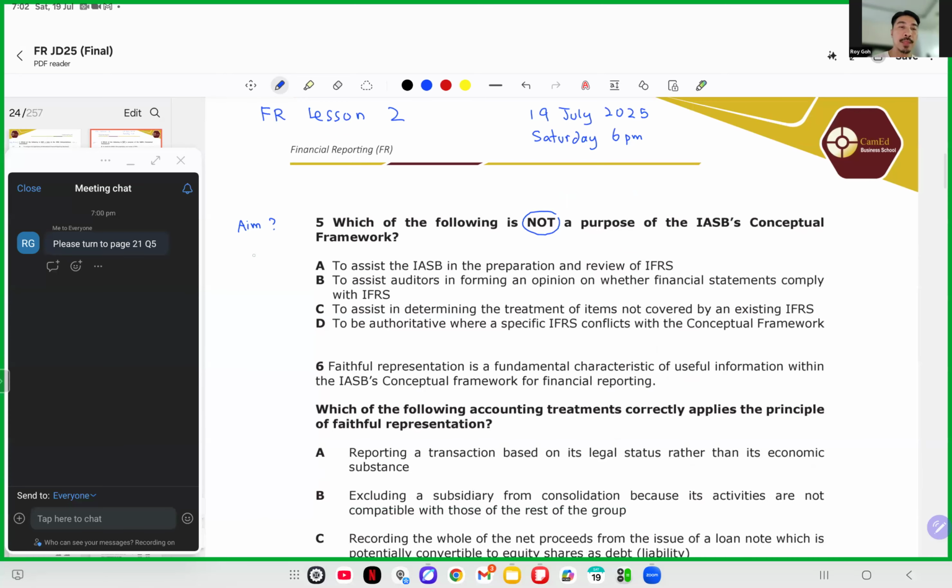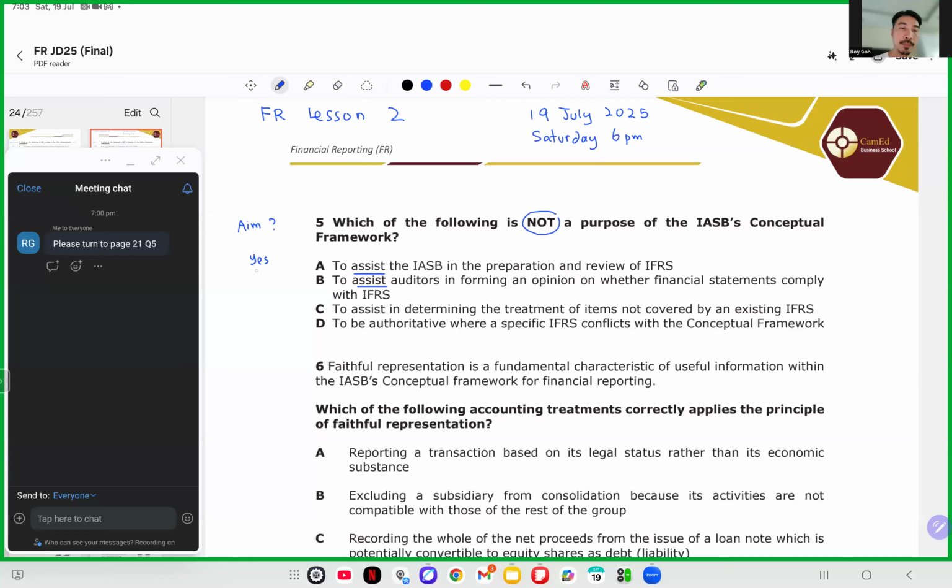To assist, definitely it is an aim. We saw this since lesson 1. So this is actually correct. And then B, to assist the auditors. Auditors are the preparers, including accountants. Yes, this is also the aim.